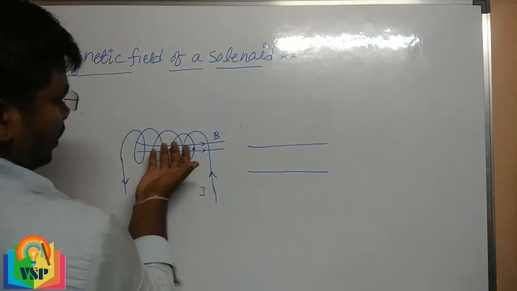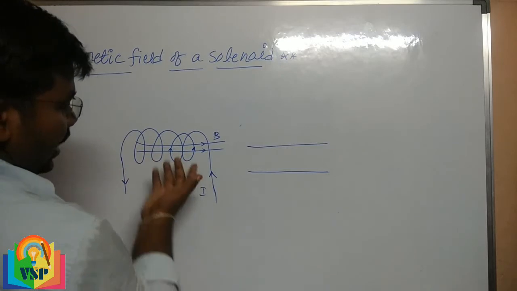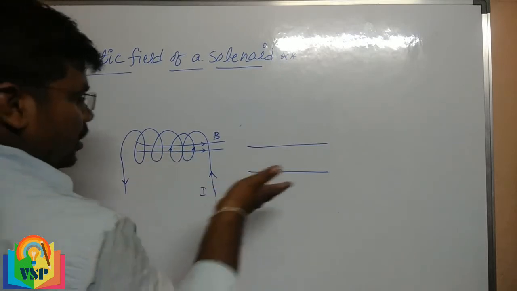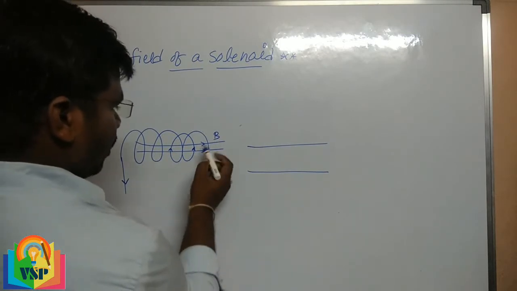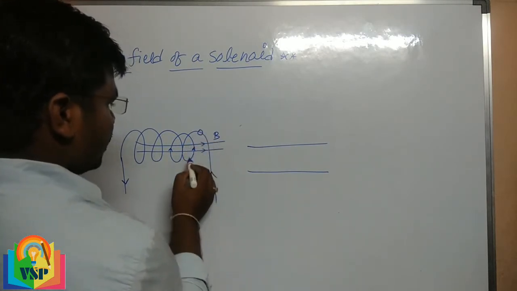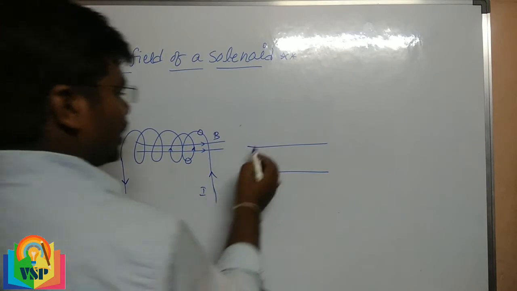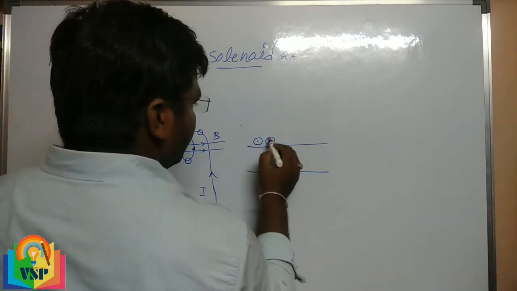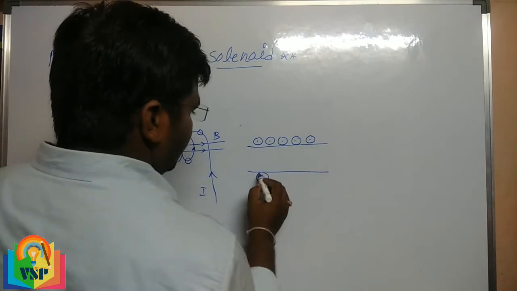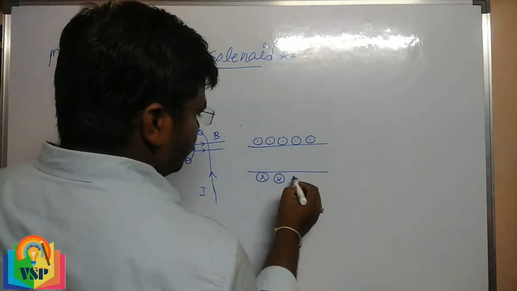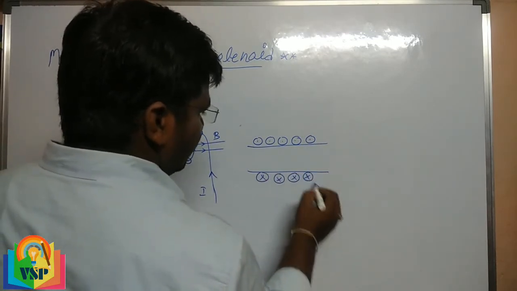If we assume like this a straight line, this current is into the board and out from the board. Here the current is out, out, out, out. Here it is into, into, into.